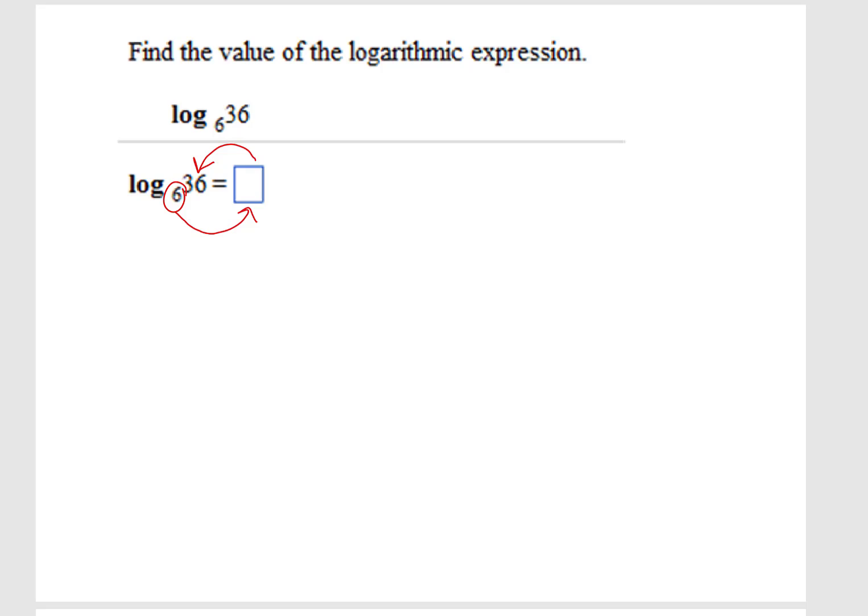I'm going to write it over here again. I'm going to write 36 with a base of 6, and I chose 6 because this is my base right here, right? So log 6 of 6 raised to the second power equals, if I'm able to do that, that's a 6.